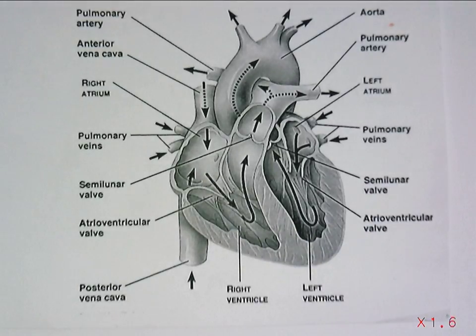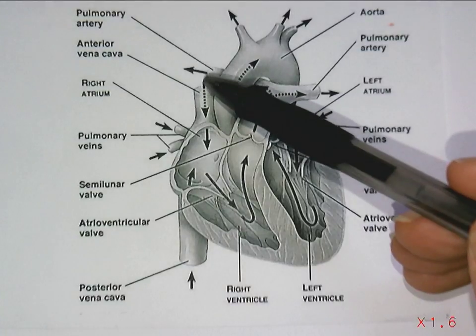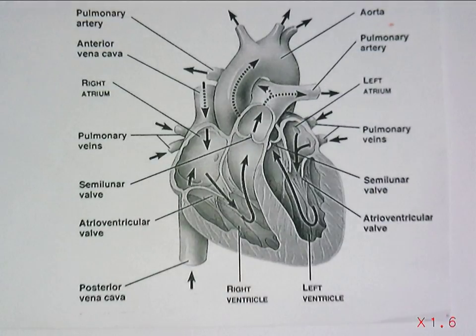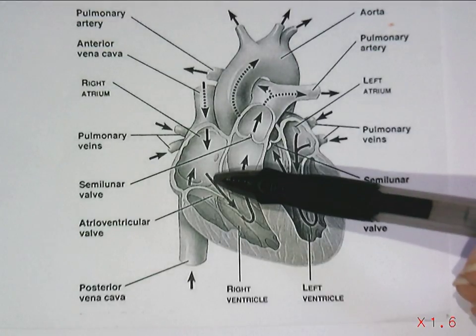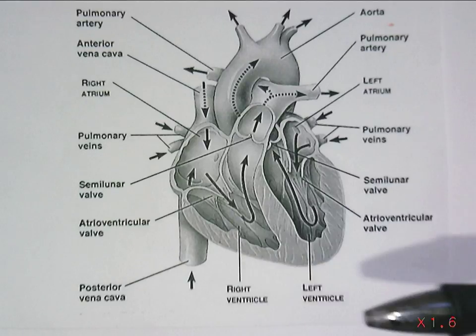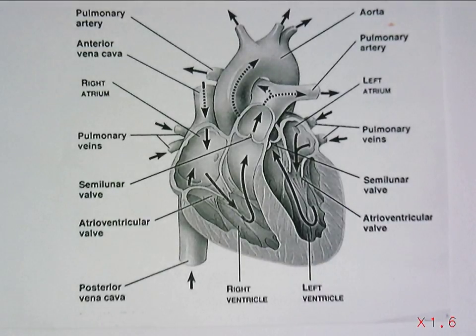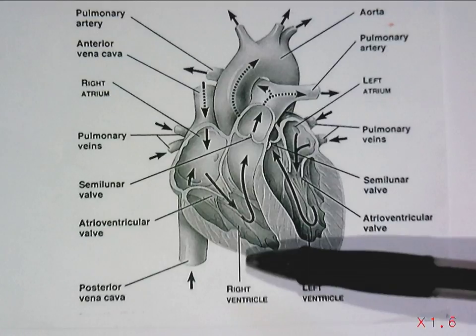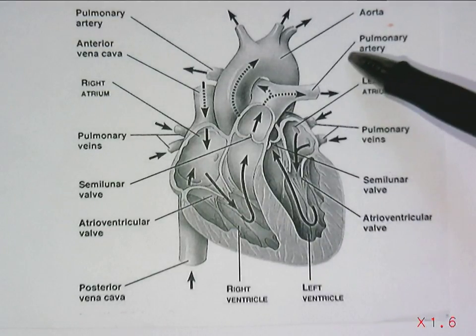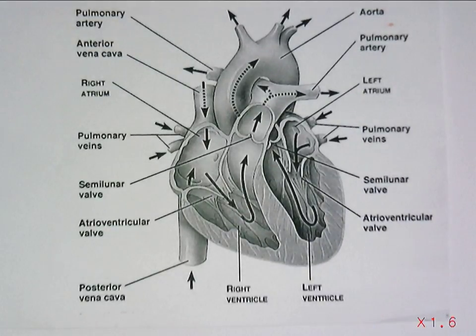And so the blood is coming from the body, from the anterior vena cava and so forth, into the heart in this section right there, the upper atrium. And then it moves through this atrioventricular valve into the right ventricle down here, so that blood is then pushed and pumped up into the pulmonary artery right here to the lungs.